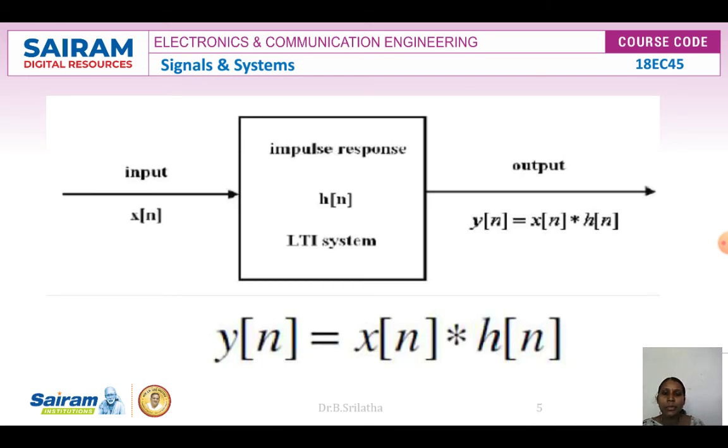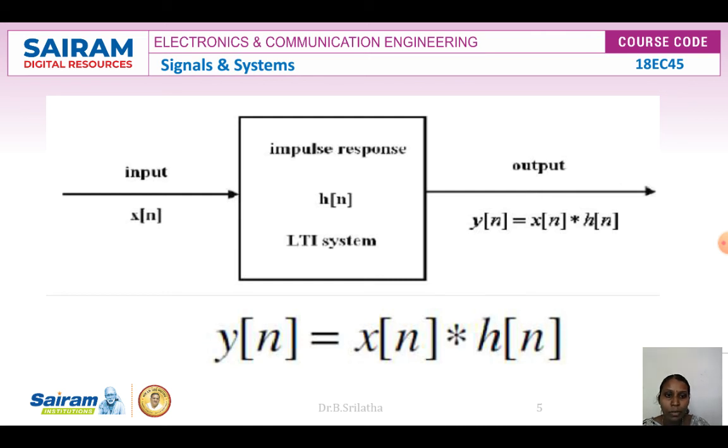Now the impulse response, we indicate as h of n for the linear time invariant system. A linear time invariant system is nothing but a system that satisfies the linearity and time invariance properties. Such a system we call a linear time invariant system. So the convolution of the impulse response h of n and the input x of n will give the output of this system.